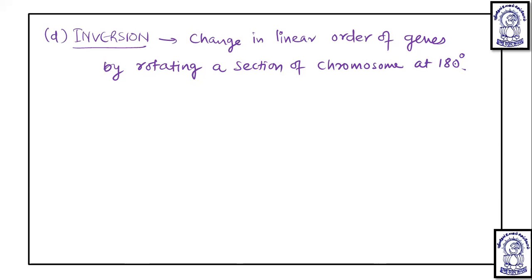So if any segment in the chromosome is rotated at 180 degrees, complete inversion of it will occur.